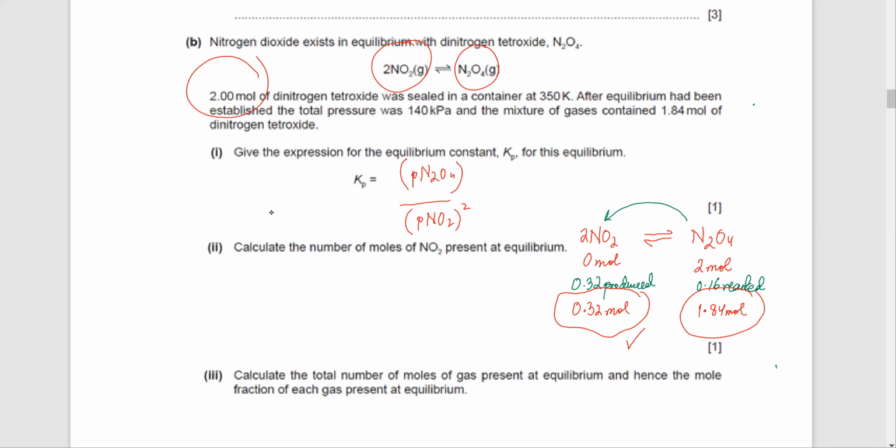Calculate the number of moles of gas present at equilibrium, hence the mole fraction of each gas present. So we need to find the mole fraction, which is these moles divided by the total moles. So it's 1.84. Can anyone do the calculation? 1.84 divided by the total moles, which are 1.84 plus 0.32, which is 2.16. Okay, so this is 2.16.